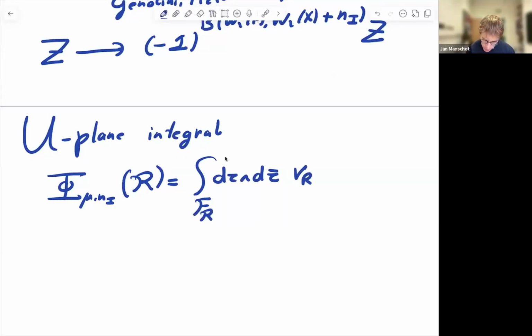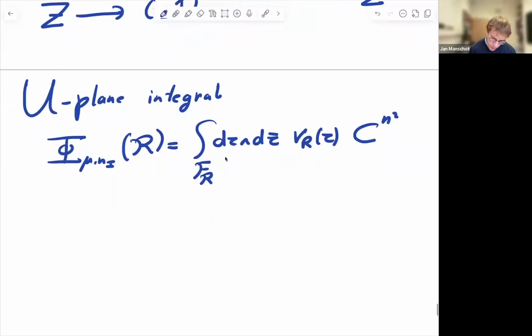And then we get a similar function, V times a coupling C_n squared times psi mu j tau bar.